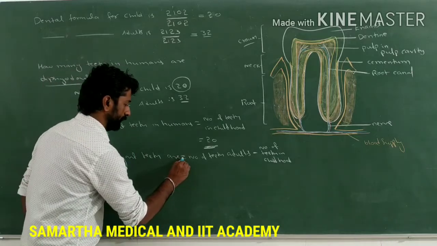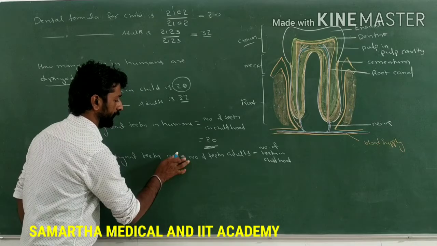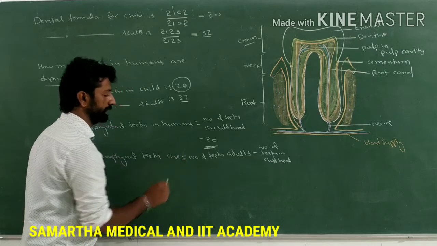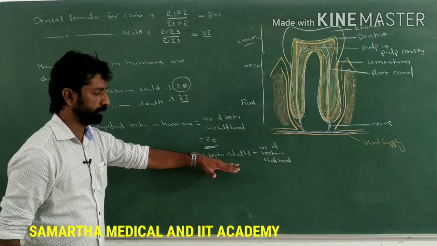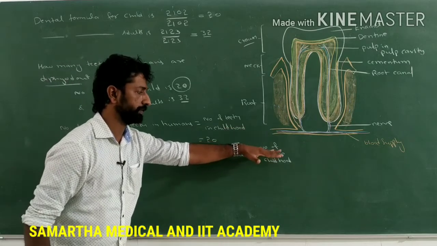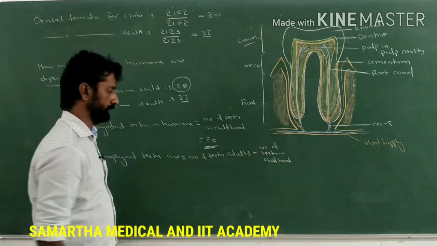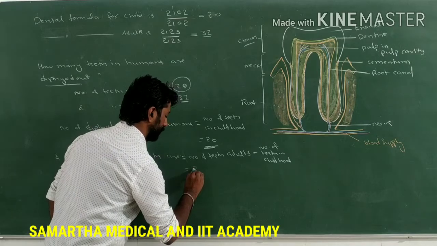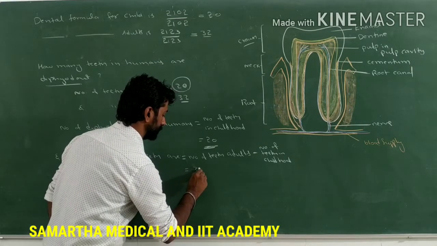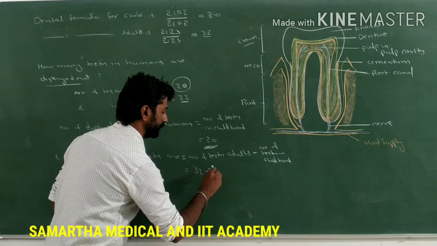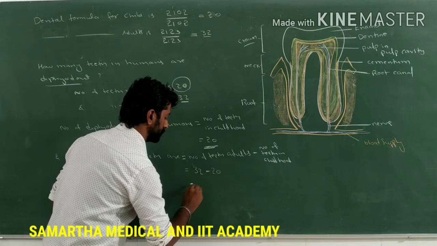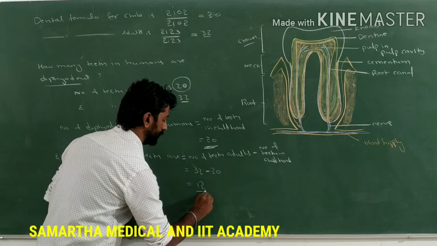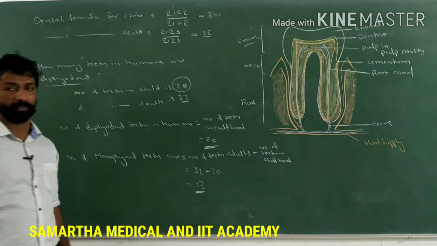So the number of monophyodont teeth can be calculated by the formula: total number of teeth in adults subtracted by the number of teeth in childhood. The number of teeth in adults is 32 and in childhood is 20. So 12 teeth are monophyodont in nature.